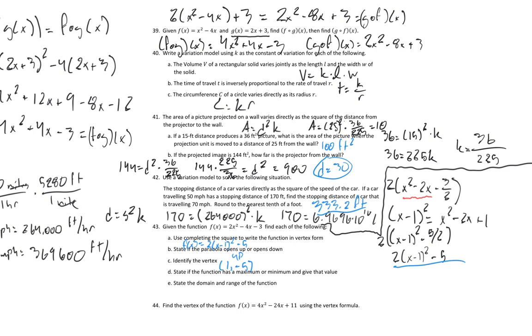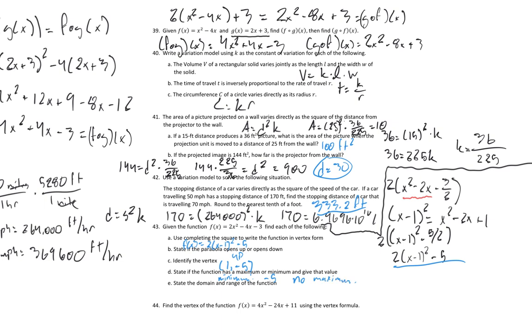Based on that, state if the function has a maximum or minimum and give that value. Well, since it opens up, the vertex should be the minimum. So our minimum should be negative 5. And no maximum, right? Because it just keeps going up, if you imagine the parabola opening up.